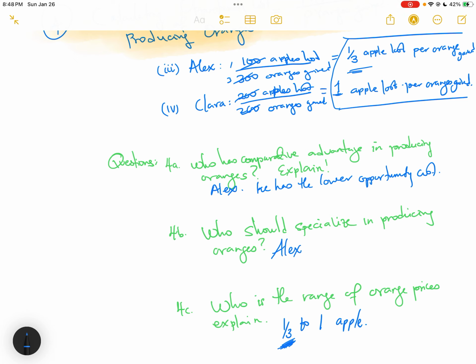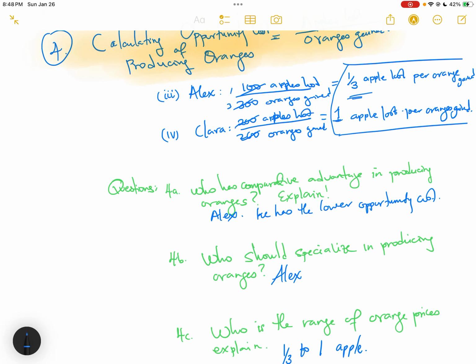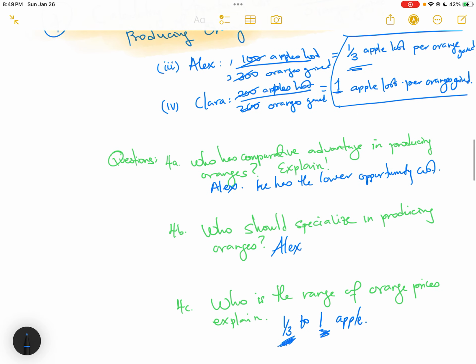No. Clara would not want to buy an orange for more than 1 apple because she can make it for 1 apple. It costs her 1 apple to produce an orange. Okay, so that's why this is the max. Pause the video, go back and listen again to what I said.